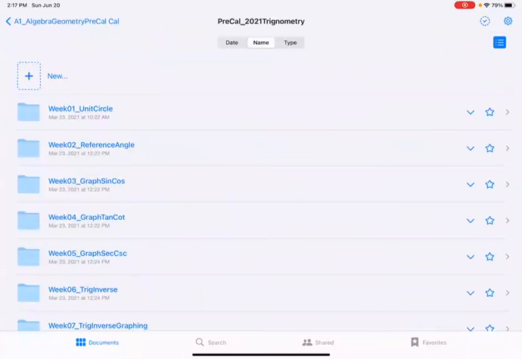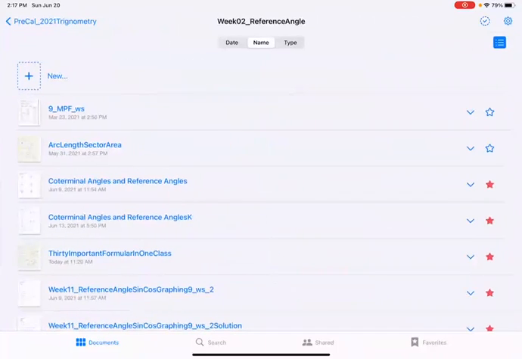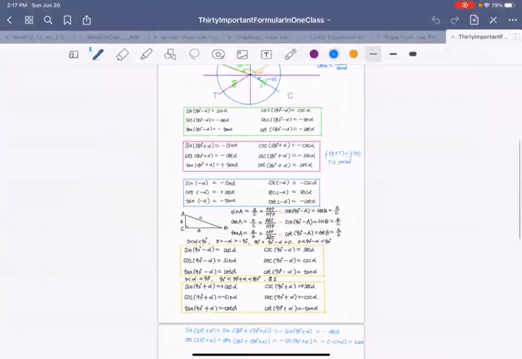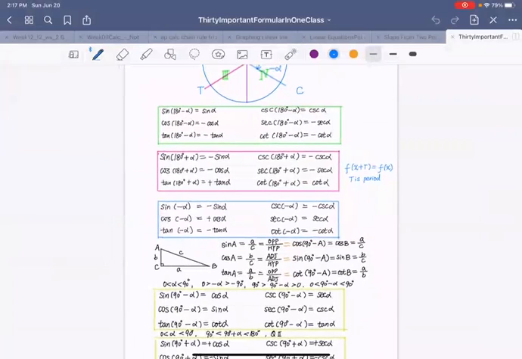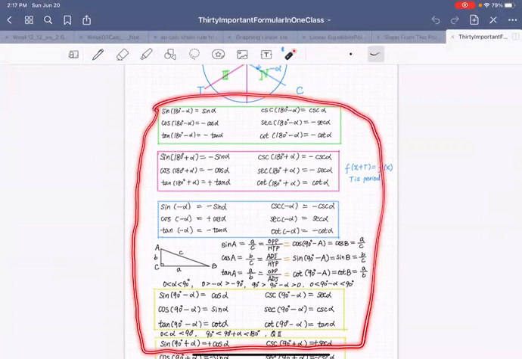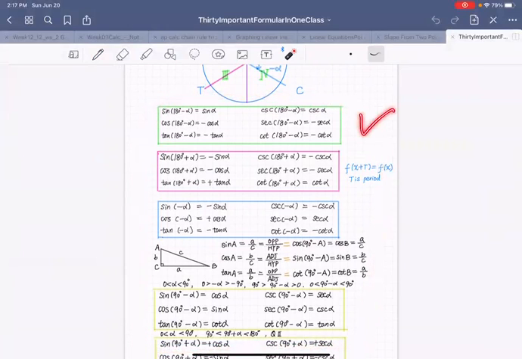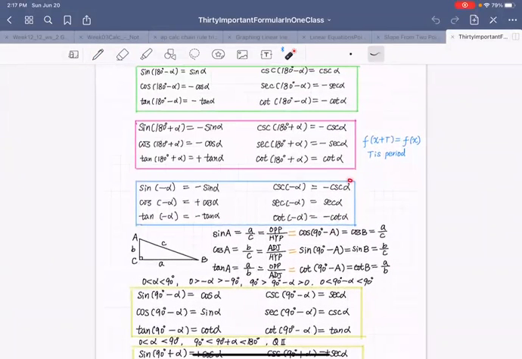So all my formulas here, these are the 30 important formulas, okay? All the students who learn pre-calc with me have no problem remembering all of these formulas very quickly. If you have trouble, I send you these notes. You can take time to remember this.